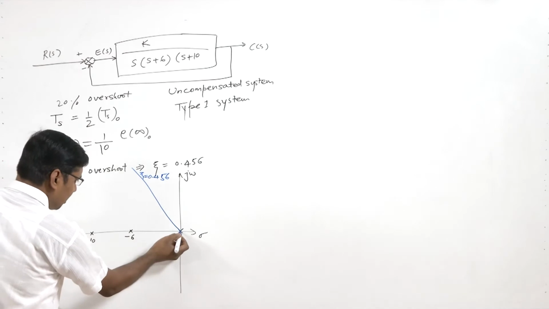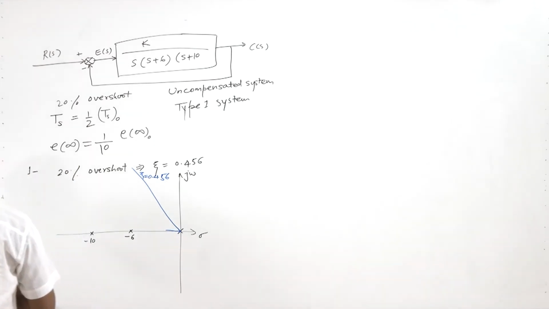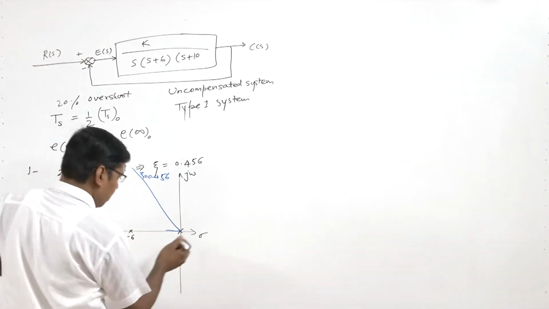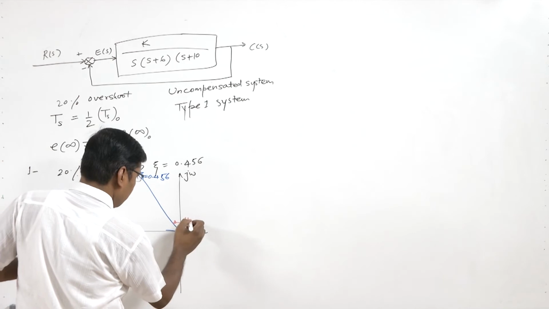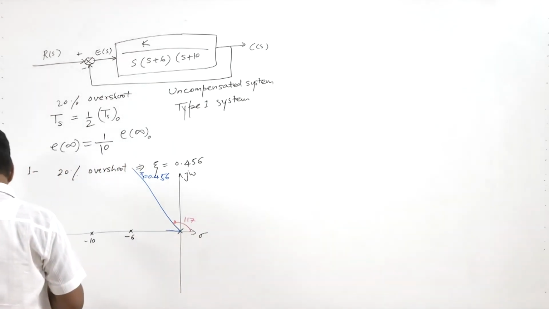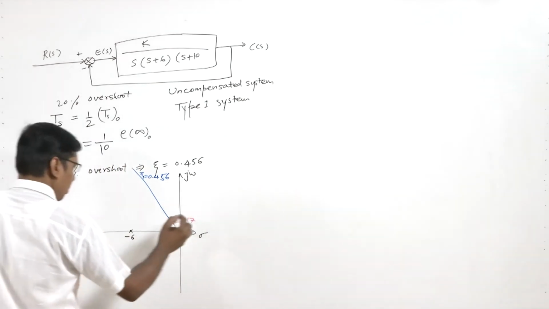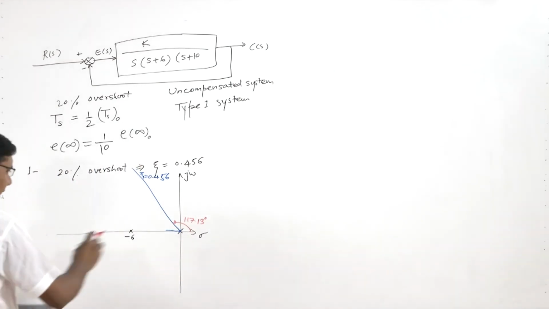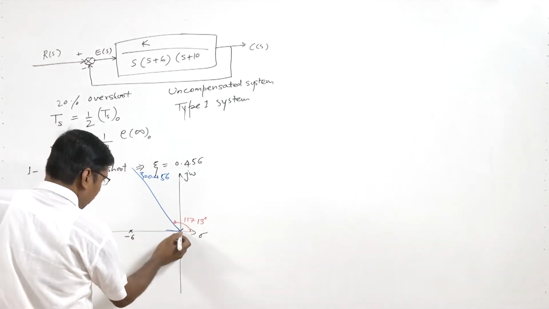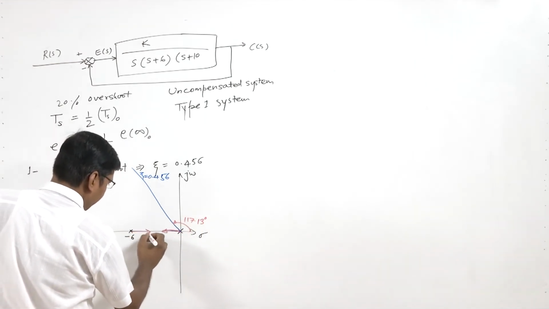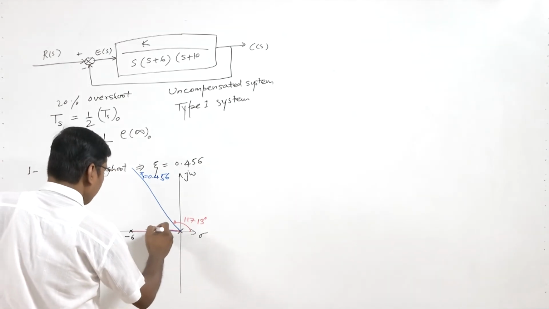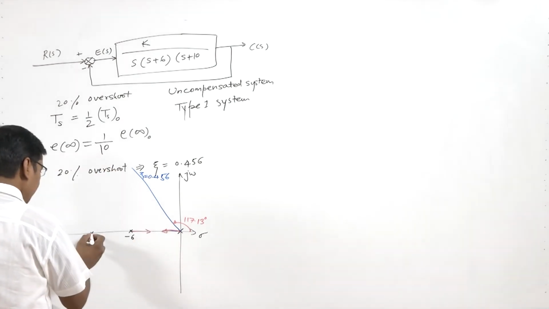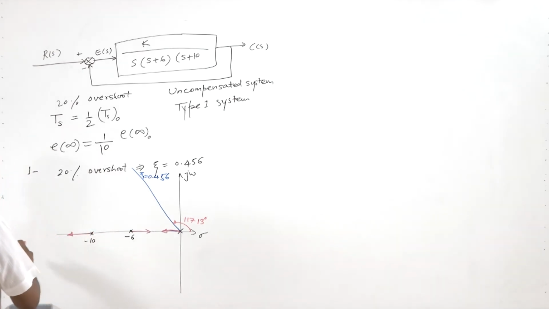Now this root locus will start at the poles, with this angle and this angle being 180 minus this angle. At the poles it will start, and it will break away here, and this one will start and go to infinity.